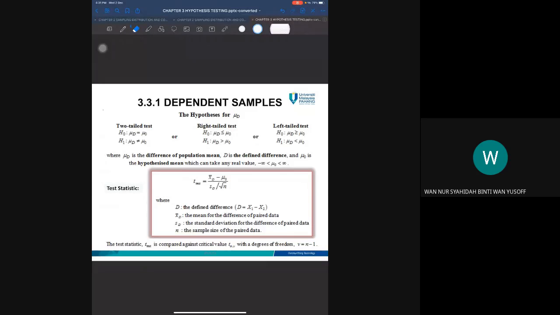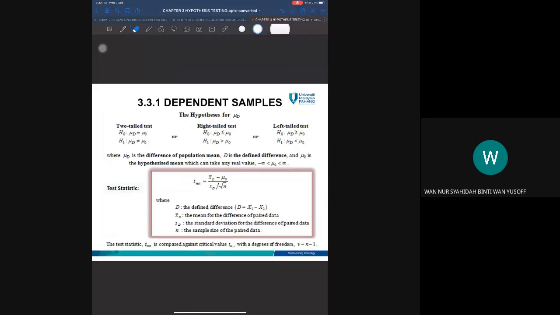That's why the hypothesis will be only a single mu, but here you have mu D, where D represents data difference. For the formula, you should have three different formulas as for a single mu.